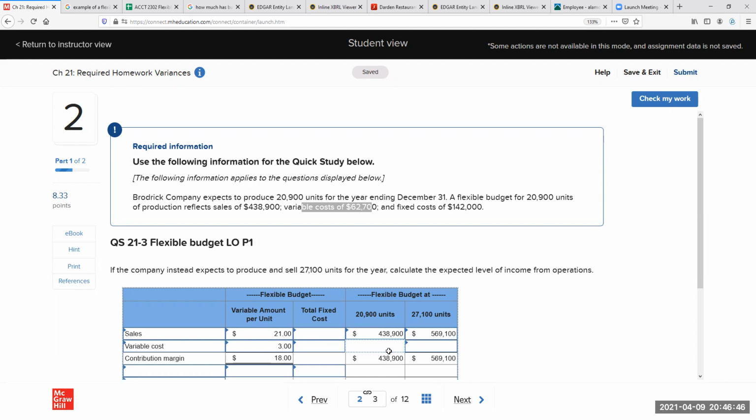My variable costs are 20,900 times 3, which is the 62.7. And what are they at 27,100? 3 times 27.1, they'd be 81.3. So sales minus variable costs, there's my contribution margin, but I'm not sure where it wants me to put the fixed cost here.